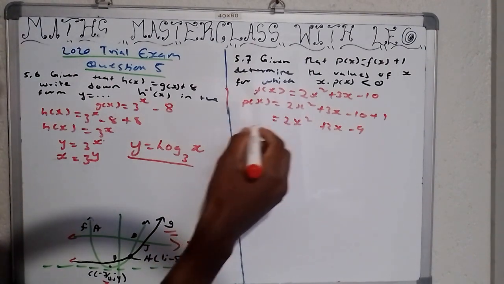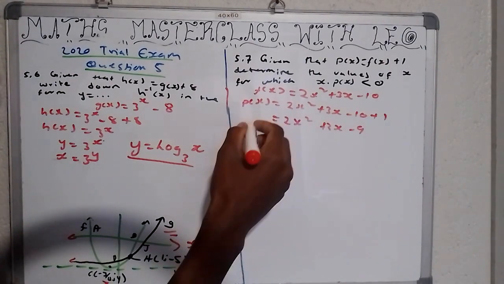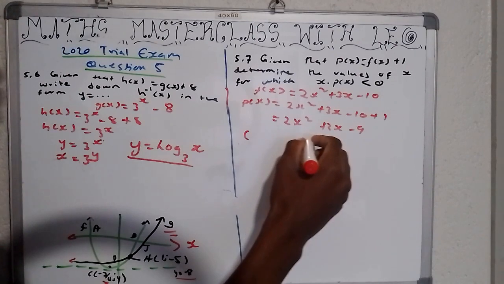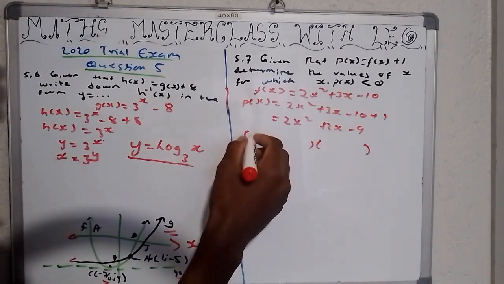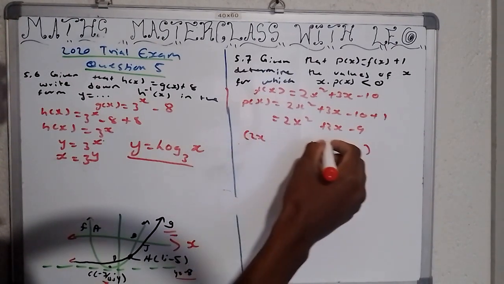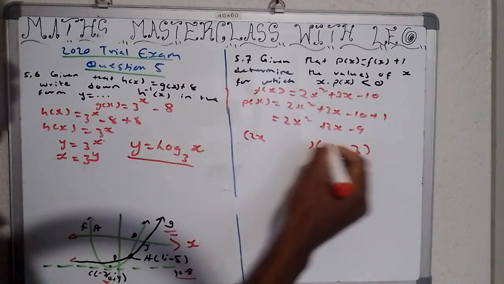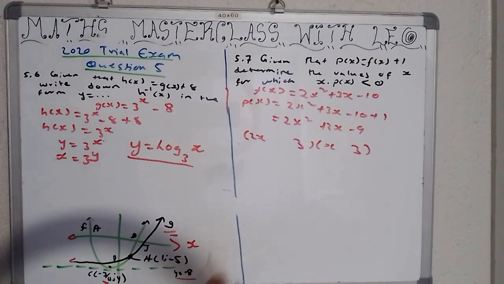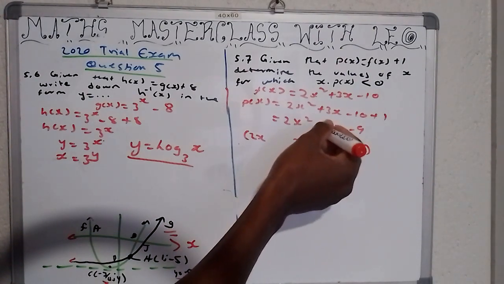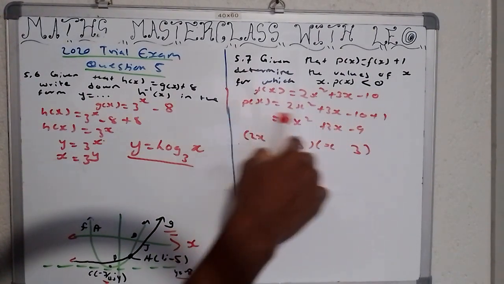Then simplify this or factorize this. I'm going to have 2x, x, and 3, and then I need a positive answer. This multiplied by this is 6.